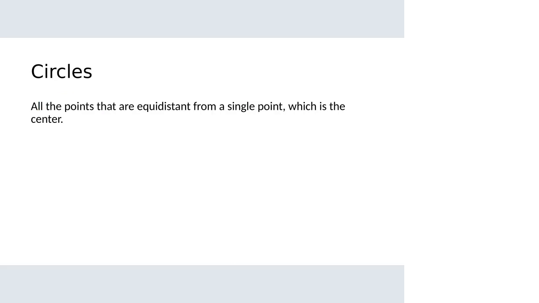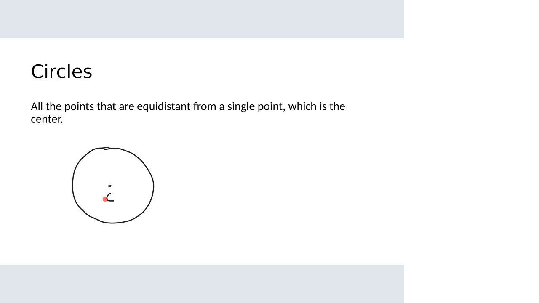Circles. First thing we're going to do is talk about the anatomy of a circle. A circle, a nice definition, is all the points that are equidistant from a single point. That single point is called the center.